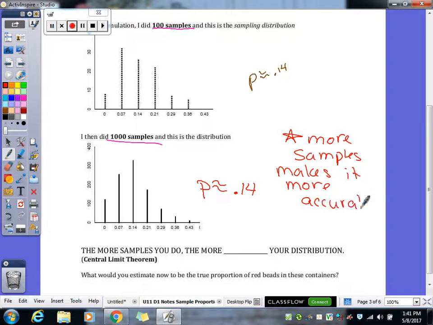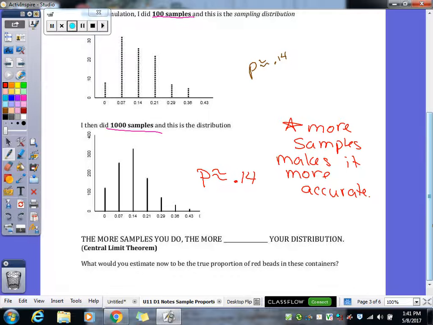Day one in the packet on your desk that I just gave you. So as it says down here, the more samples you do, the more normal your distribution is going to be. As you notice, it does become more perfectly symmetrical as it moves on, going down from 30 to 100 to 1,000. So the more samples, the more normal your distribution is.